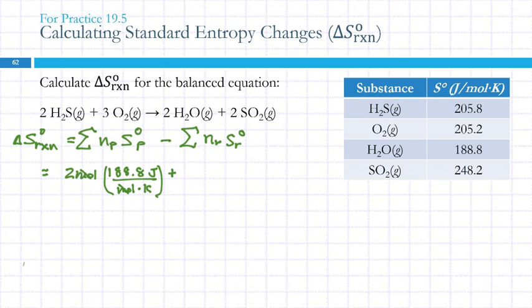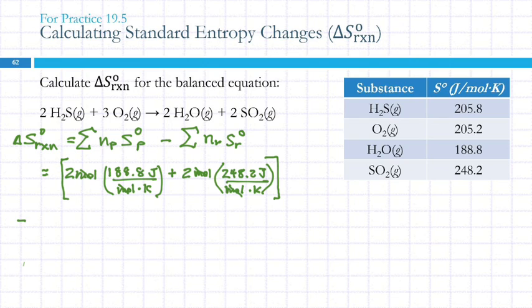We also have in there 2 moles of SO2, so we look up its entropy, 248.2, and those moles are going to cancel out. That's the products. This doesn't fit well on a slide.